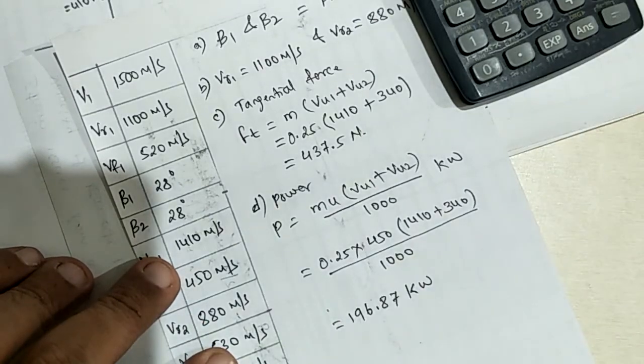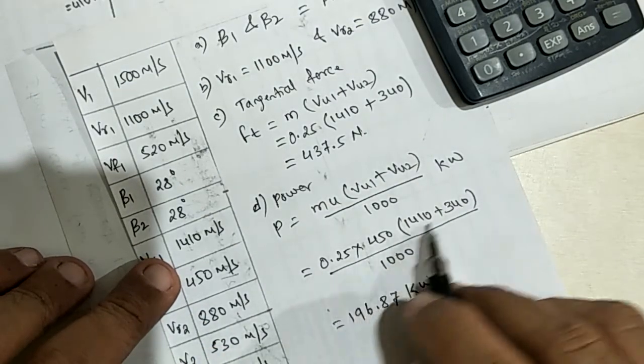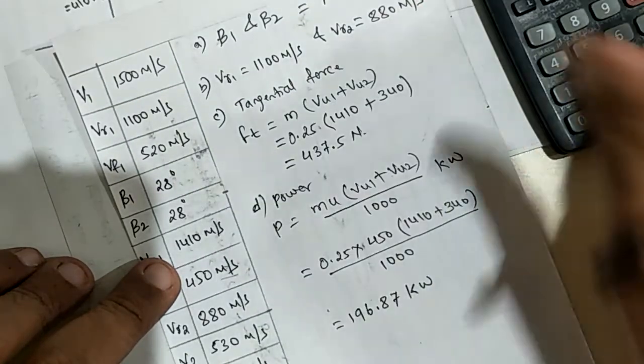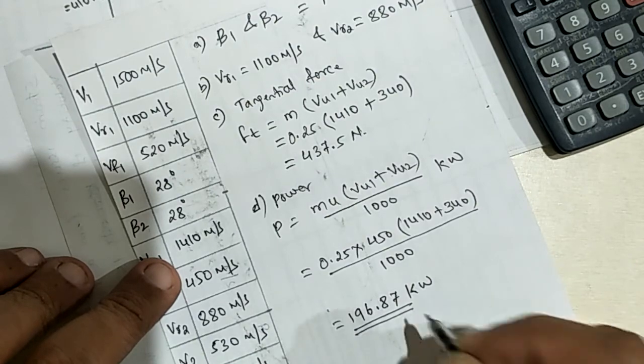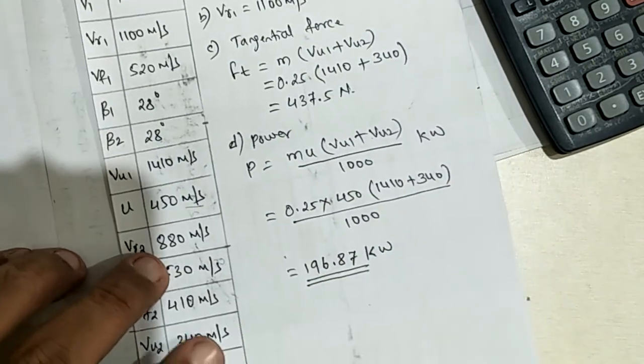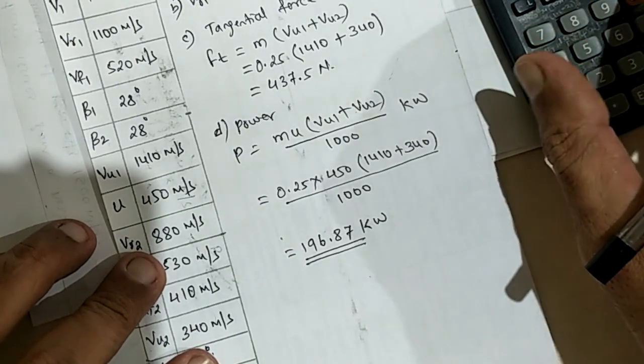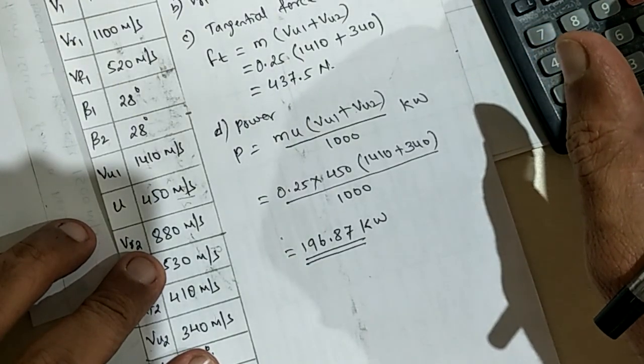If we do the calculation, we'll get 196.87 kilowatt. So this is the total power output from the turbine. This is how you have to solve the problem. Okay, thank you.